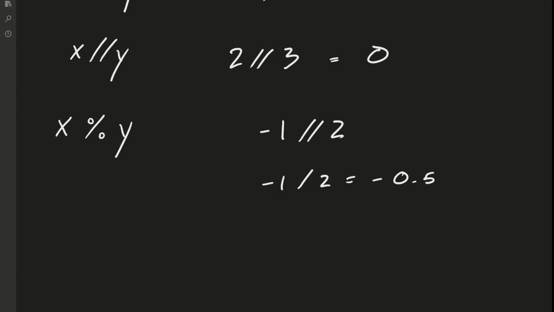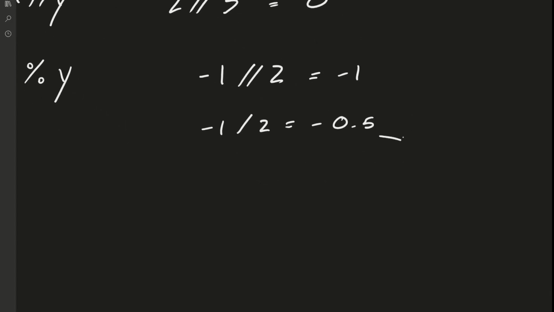So integer division rounds this value to -1 because it always rounds to negative infinity. Whichever number is more negative, it must round down. In this case, we could either round to 0 or we round to -1. Since we want to round to the lesser value, we round to -1.